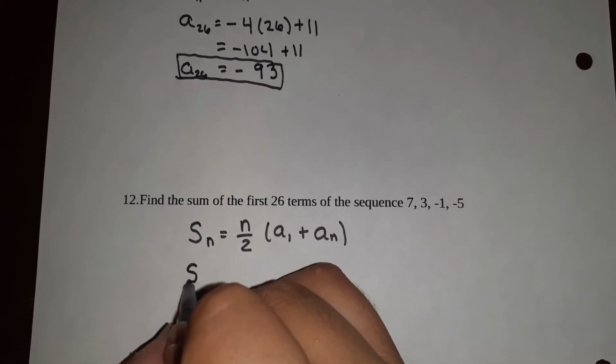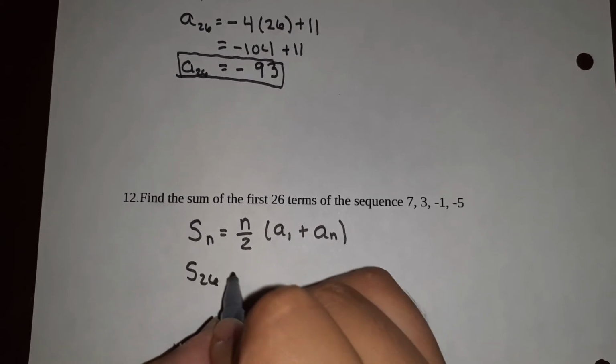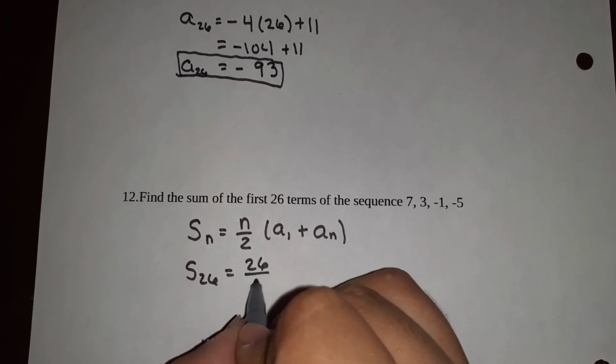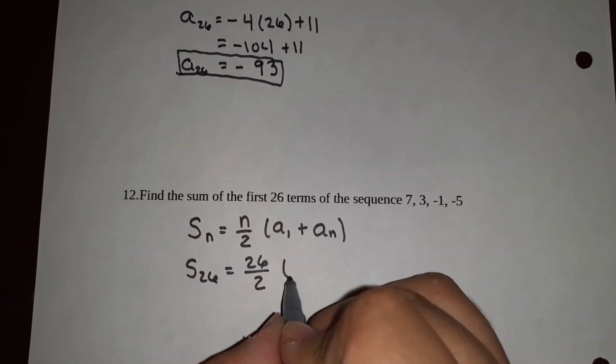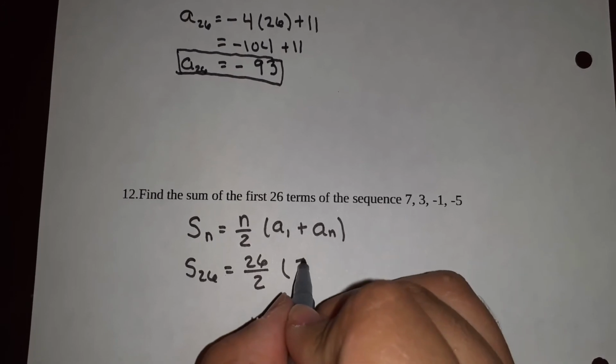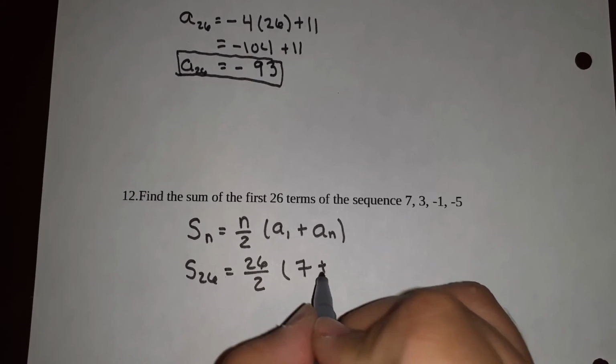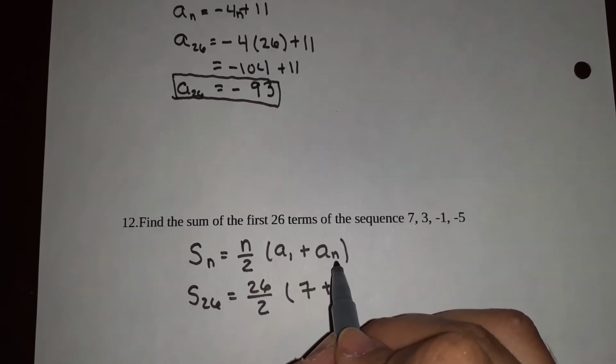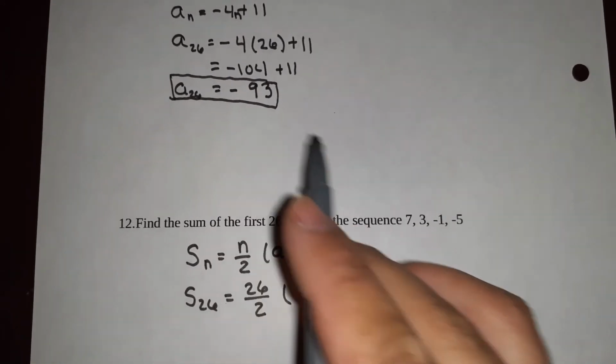So my s of 26, because I wanted to see the sum of 26 terms, will be 26 over 2 times my a sub 1, which is 7, plus my a sub 26, which I already found out is negative 93.